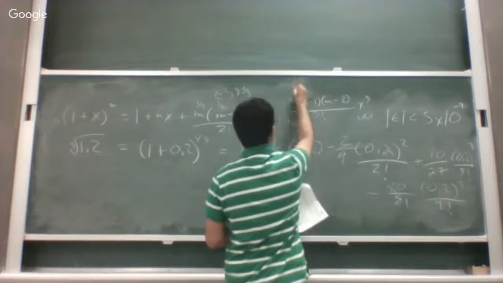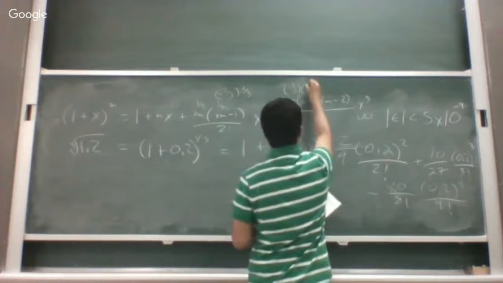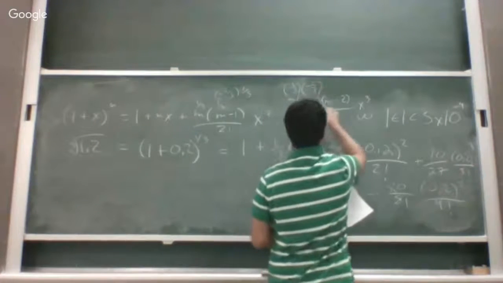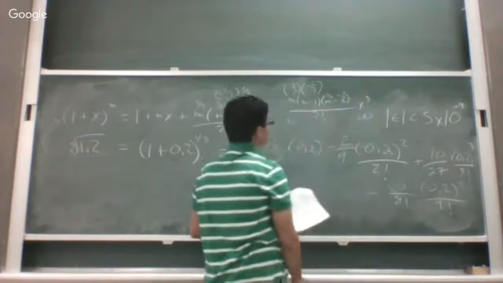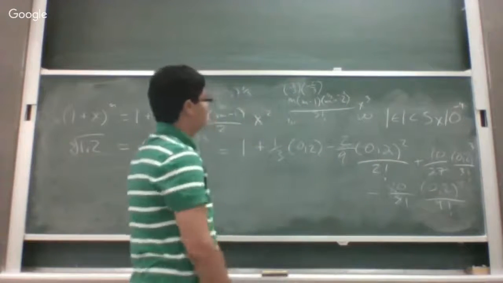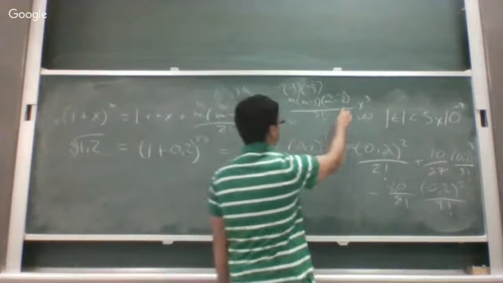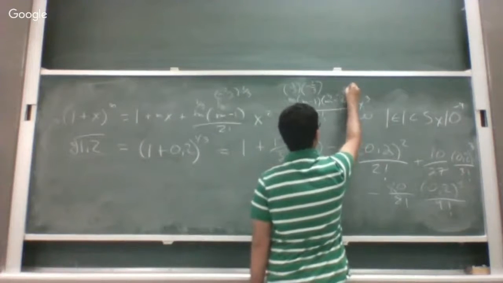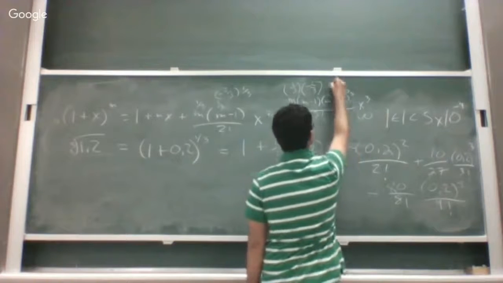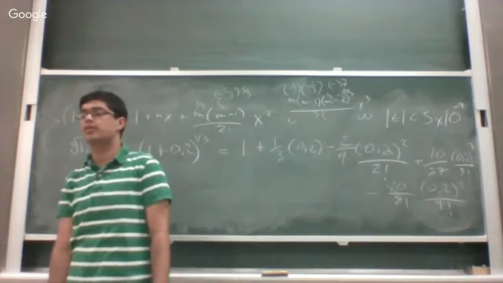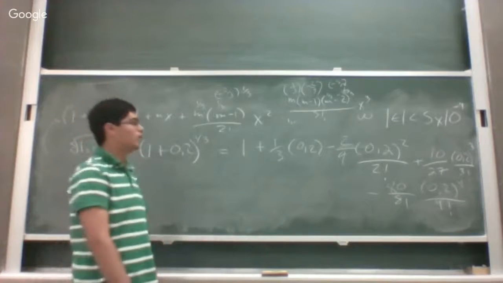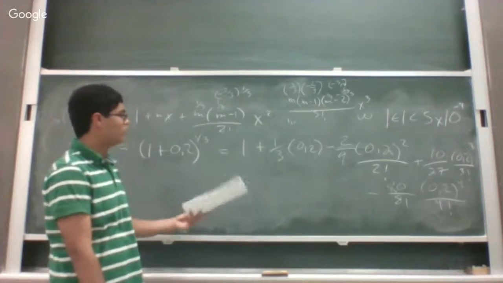So this is 1/3 times negative 2/3, times 1/3 minus 2, so that's minus 5/3. Did that make sense?